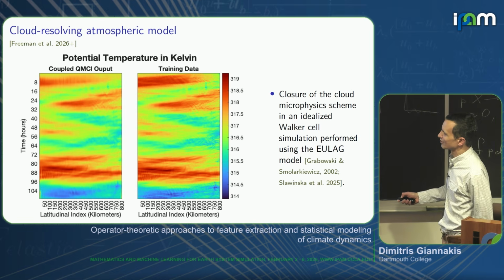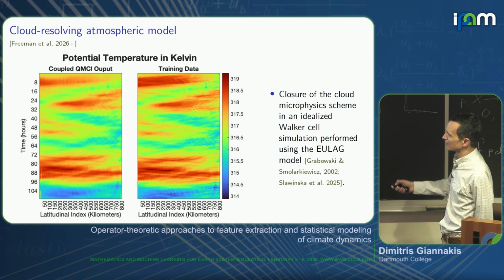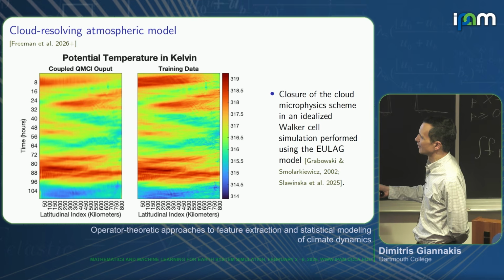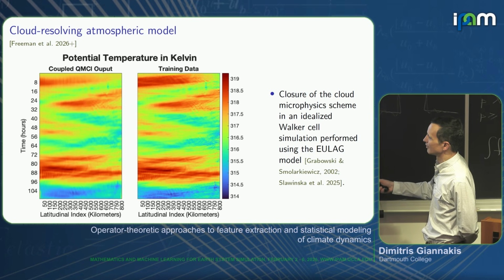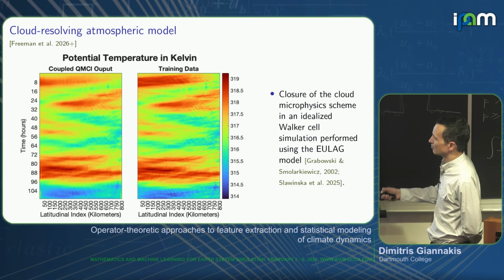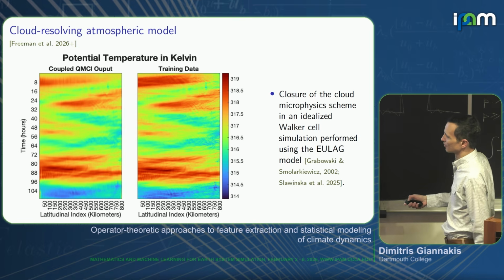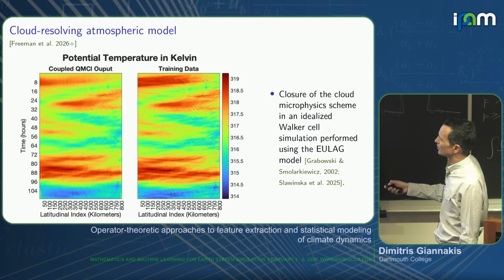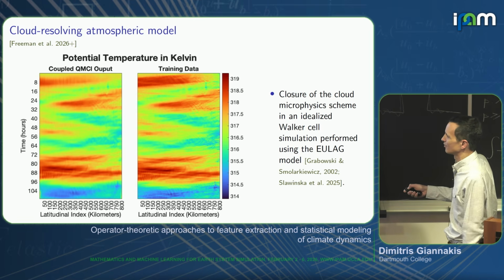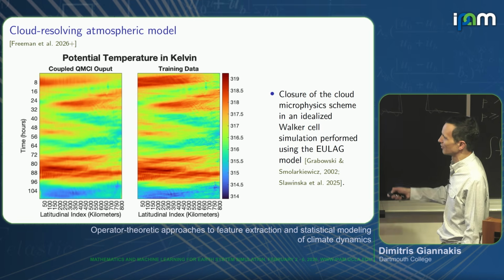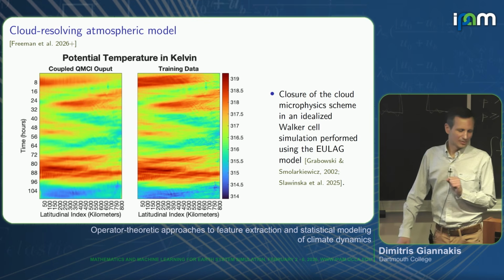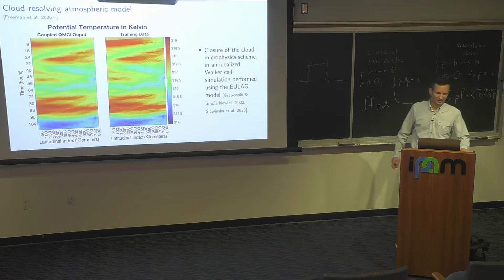And the results, these are very preliminary, but this is showing a comparison between the true model and the surrogate quantum mechanical closure. This is the potential temperature at about 5 kilometers height, I think, where you can see these traveling waves that are being captured. So I will stop here, and I'm happy to take any questions.